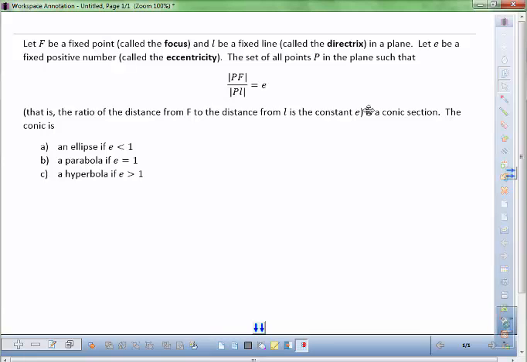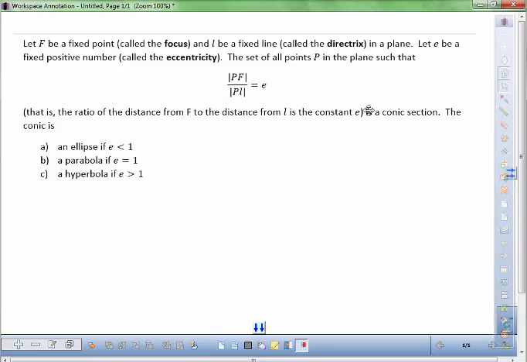And that eccentricity is supposed to be constant. I haven't found a nice graphic picture to try to explain this using animated graphs, but we could talk about that a little bit later.